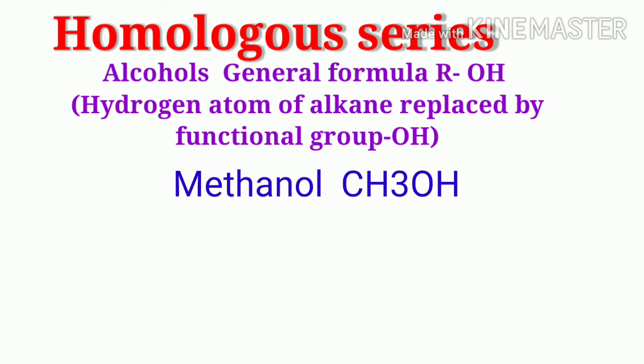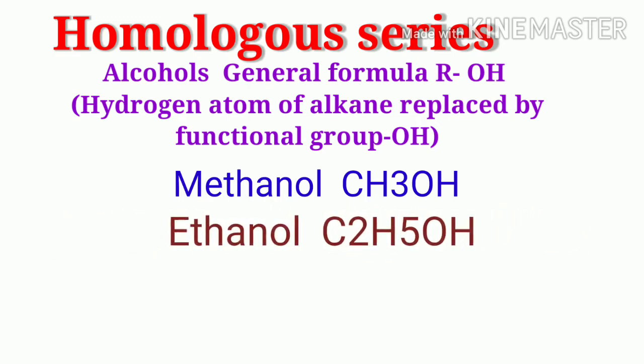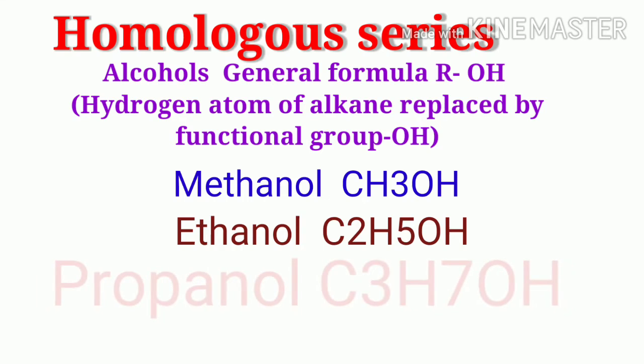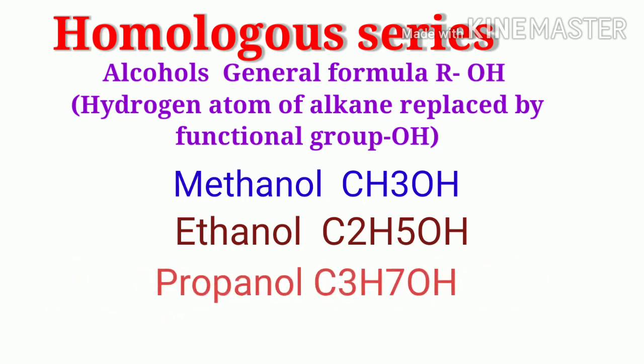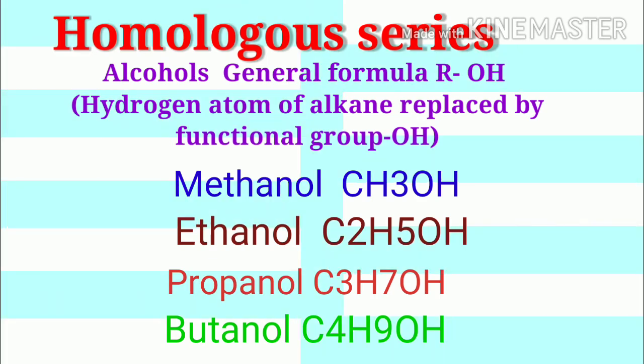If we replace one hydrogen of ethane with OH, we have second member of the series ethanol. If we replace hydrogen of propane with OH, we have propanol. One hydrogen of butane replaced with OH gives us butanol.